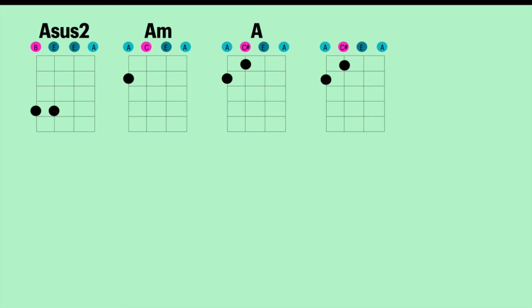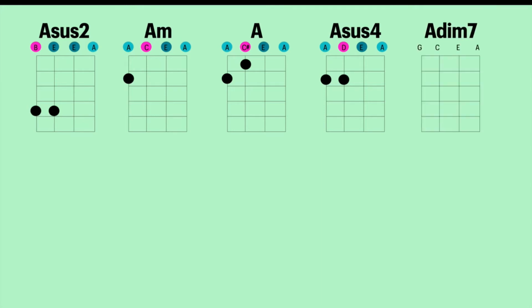If we go back to our major shape and want to make an A sus4, we'll slide this third up to make the 4th, which will be a D note. And then to make an A diminished 7th, we need to find the root note, A. Now this A falls on the 4th string, the G string. That's an even numbered string, so I'm going to bar the neck at this point on the root.